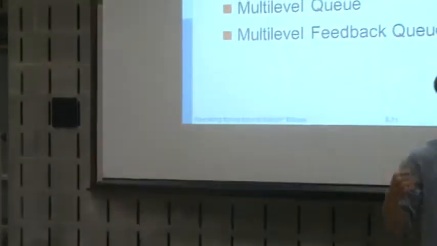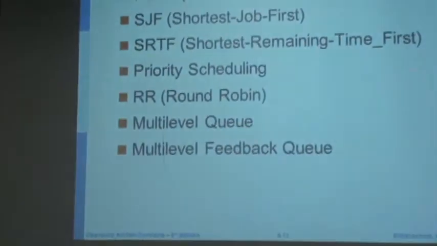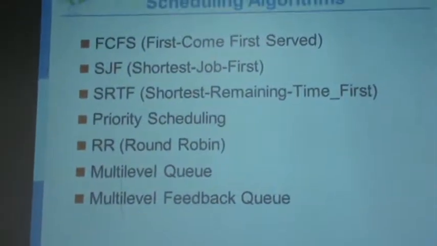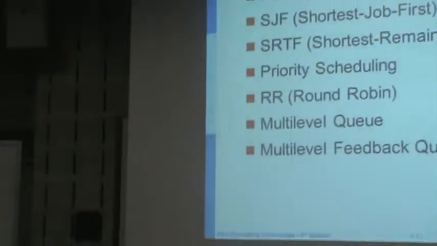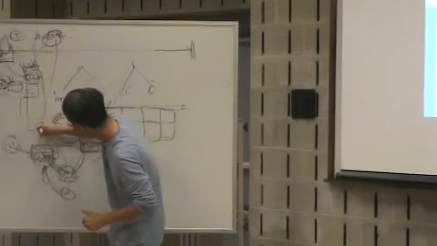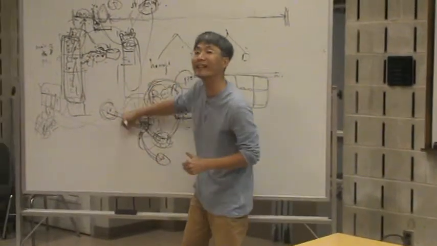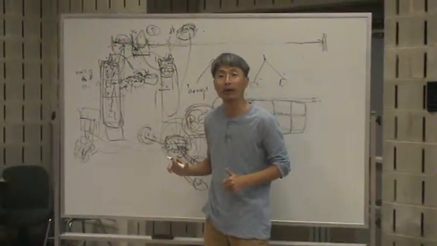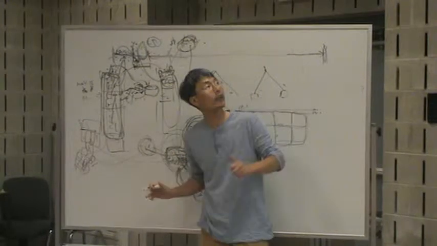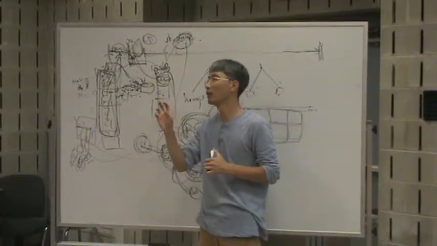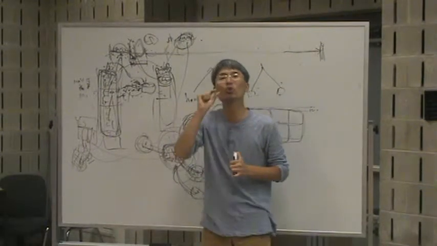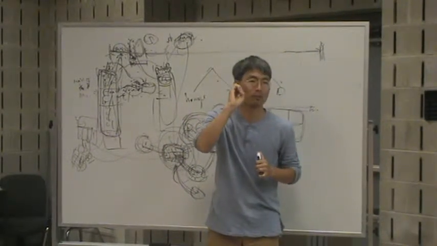What about the second? Shortest job first. When the dispatcher schedules, it selects the process from the ready queue. Always, the dispatcher will select the process from the ready queue, not the other queues. How? We select the process having the shortest amount of job.